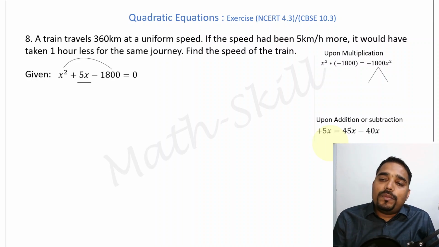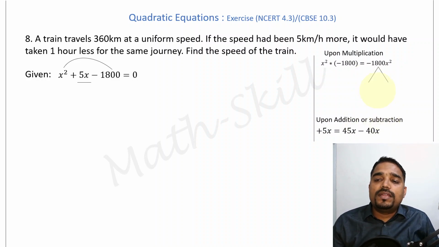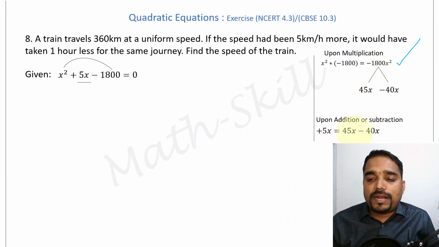Also, upon multiplication, we have to get minus 1800x square, that is 45x multiplied by minus 40x would be plus into minus is minus, 45 into 40 is 1800, x into x is x square.